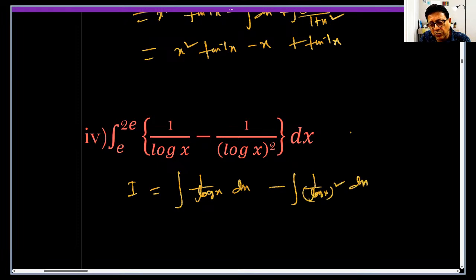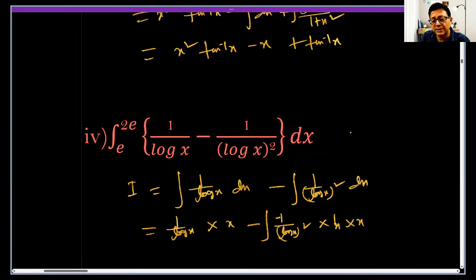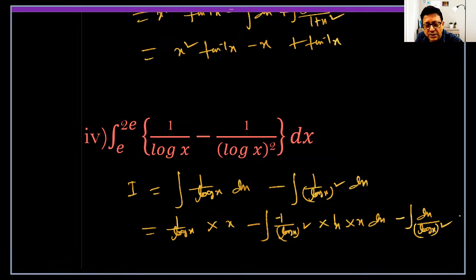I am just seeing one hope there. If you differentiate maybe of this form, it may get cancelled. So I am taking 1 by log x first into x. 1 by log x derivative is minus 1 by log x whole square into 1 by x into x dx. And this one as it is, dx by log x whole square.